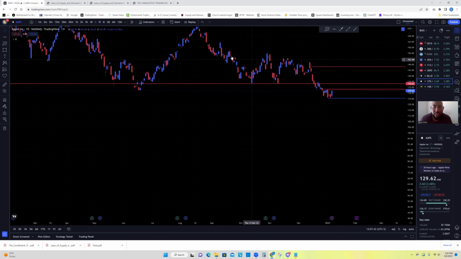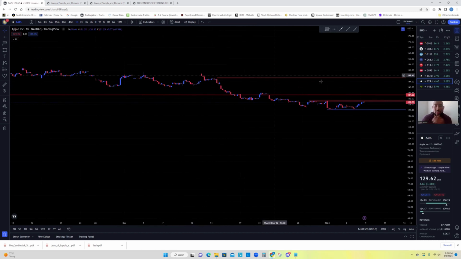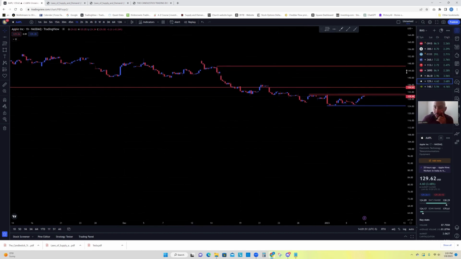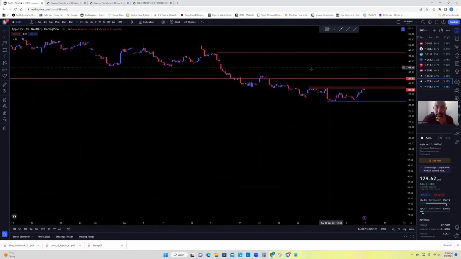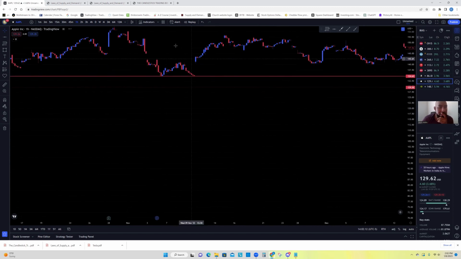Because the day candles don't exactly show the RBRs and DBDs, and they don't show the supply zones very well, but they do show the areas. So if we go to a 1 hour chart, let me see. All right, we got an evening star pattern here. But you didn't really get a big drop here. You got the gap down, but that's not really a big drop.